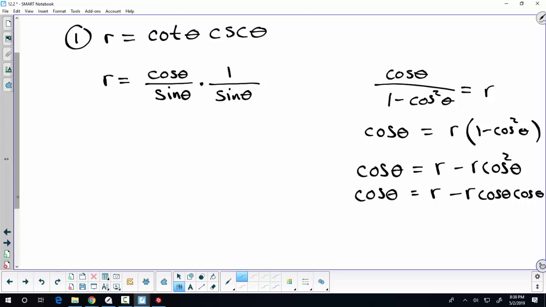Because we know that this r cosine theta is x. This r is just r. This cosine is still cosine. So what if we then multiply both sides by r? Right, so we have r cosine theta, this is x, this is r squared, so that's x squared plus y squared. We have minus r cosine times r cosine. So we have minus x squared, so we get x equals y squared.